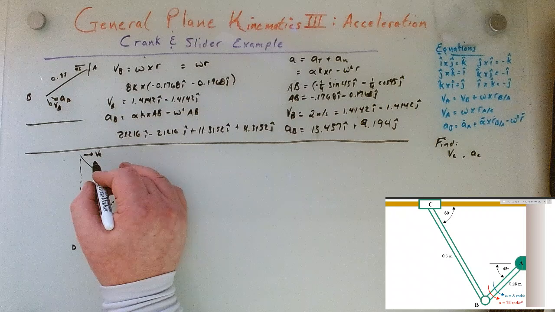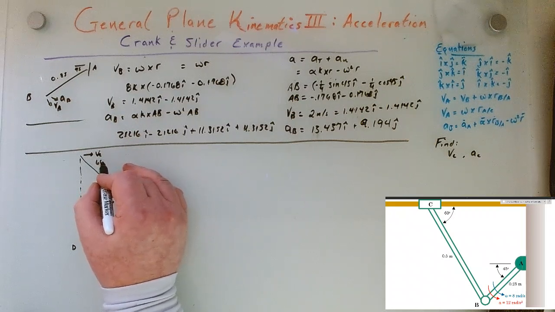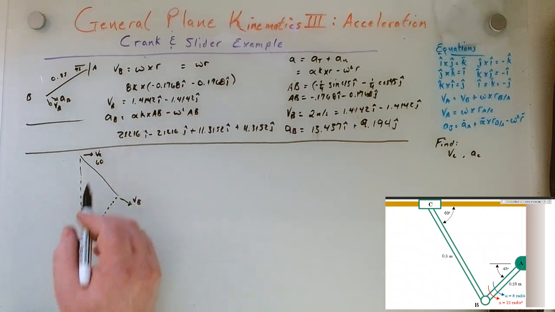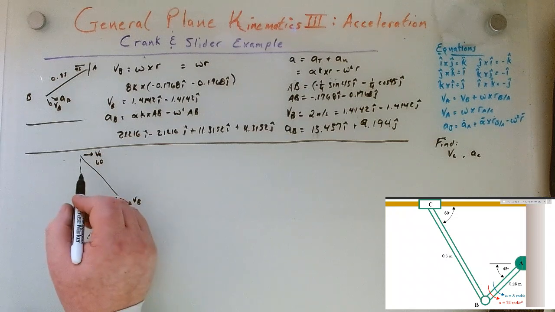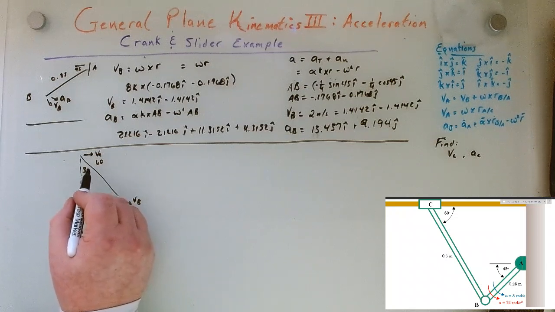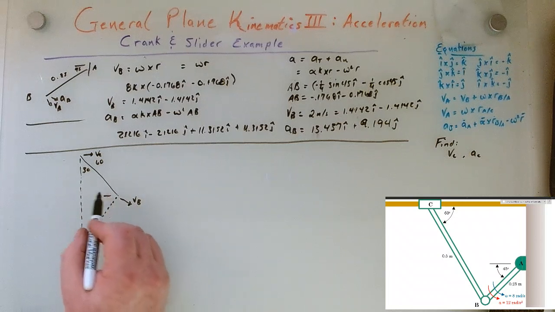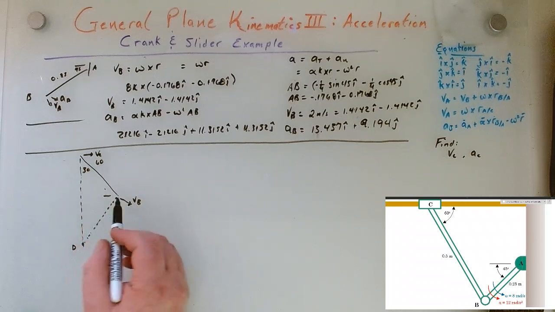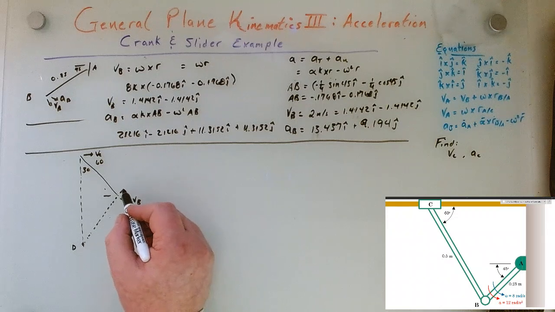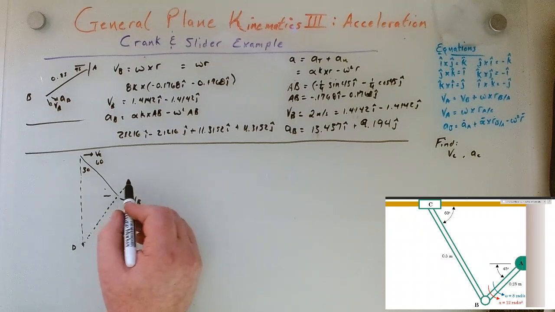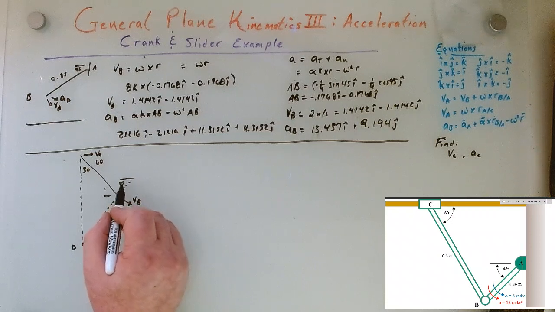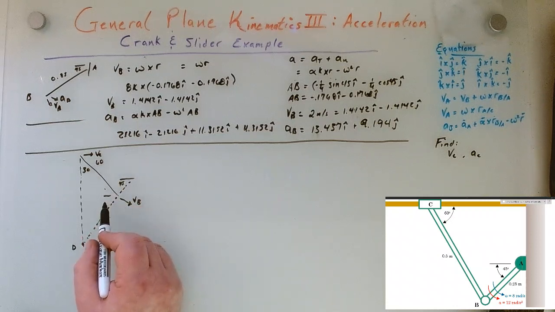This is 60 degrees here, and this is vertical because V sub c is horizontal, so this is 30. If this is 60, then this is also 60 here. And this comes off of the horizontal, so this is 45 here, and if this is 45, then this is 45.